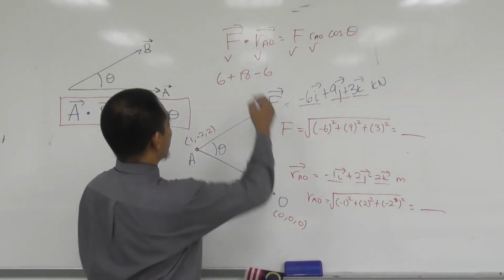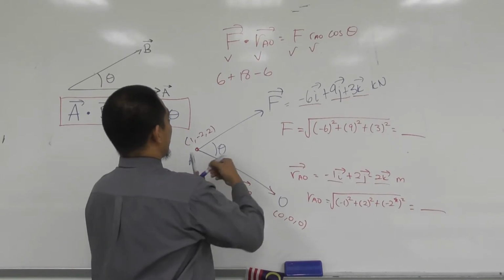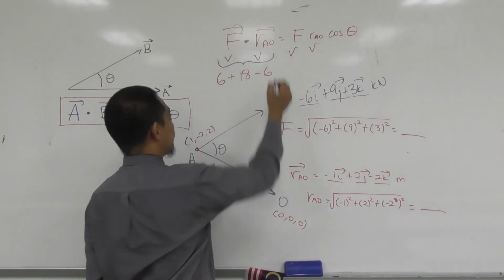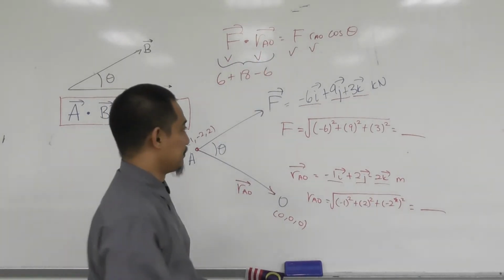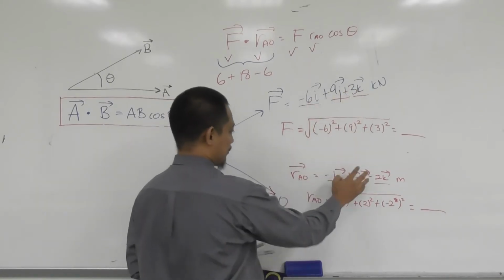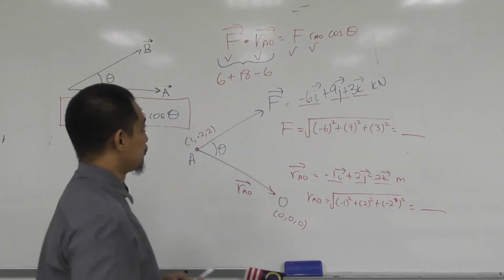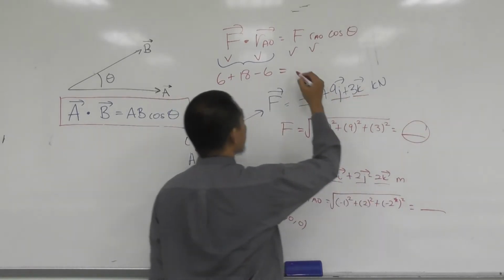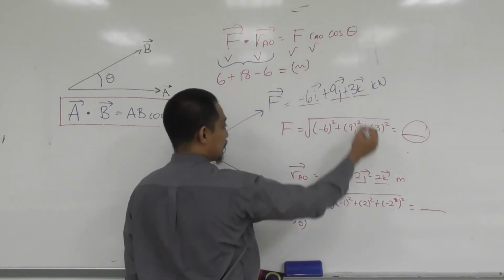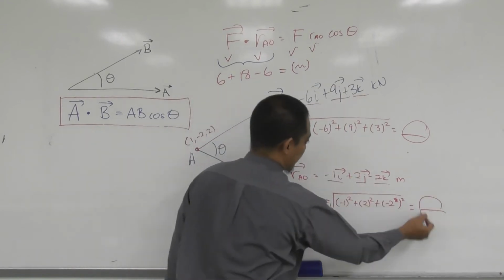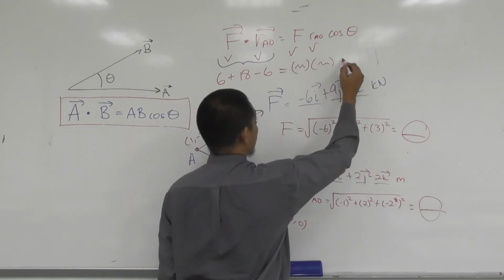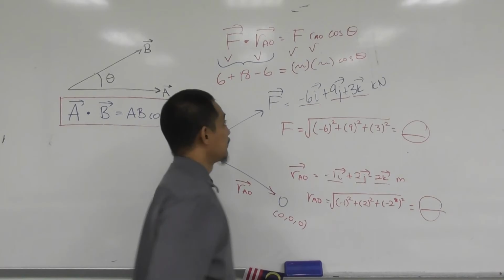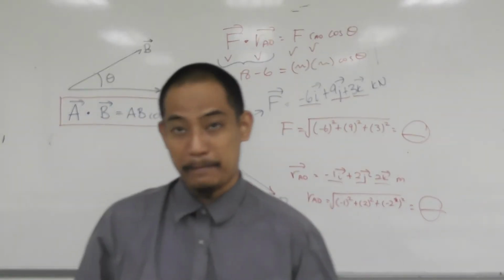That's what happened with F dot RAO. Right? Meaning this one dot this one. So it should equal F, whatever magnitude here, multiplied by RAO, whatever magnitude here, cos theta. And obviously you can calculate what is theta, right?